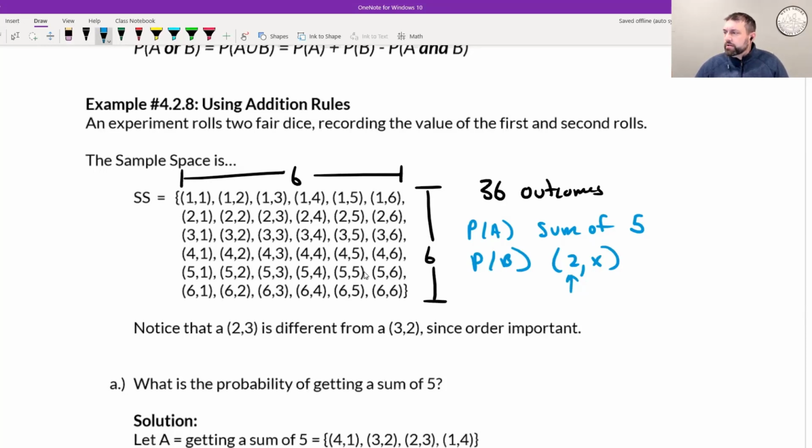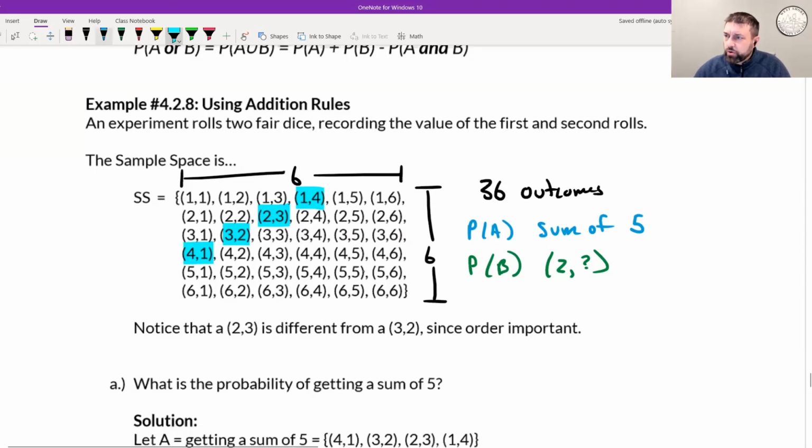I want to write this in green. So P of B is 2 comma some number. So what's the probability of A? What's the probability of getting a sum of 5? Let me count how many there are. 1, 2, 3, 4. There are 4 dice rolls that have a sum of 5.